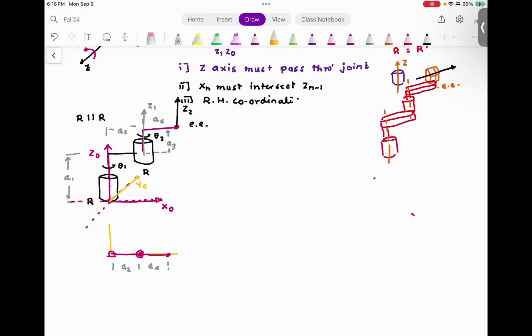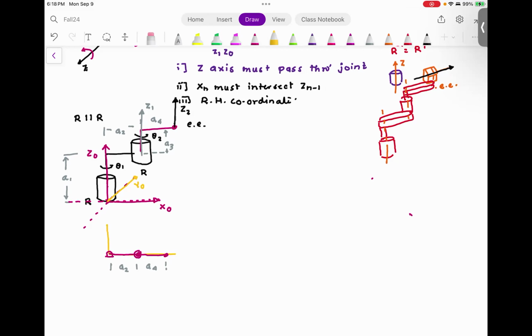Now I have to go to the second frame, which is frame 1. I have z1. I need to find out x1. I have two choices. My x1 could be in this direction, or in this direction. Please try to understand, these are axes. They can be extended infinitely.